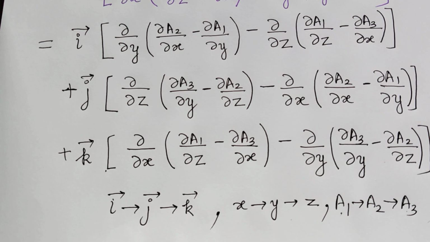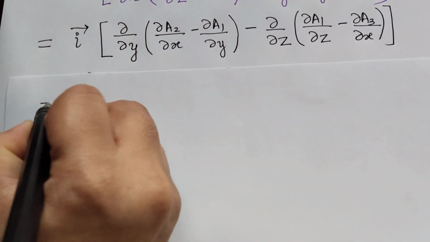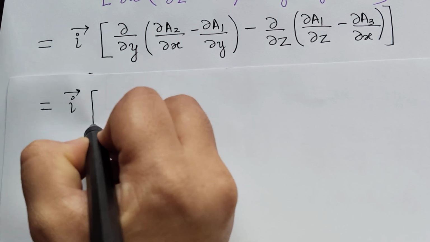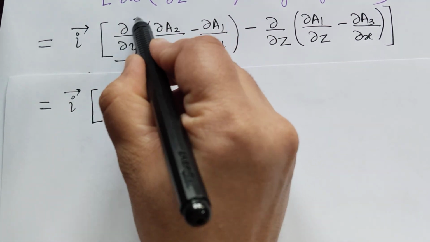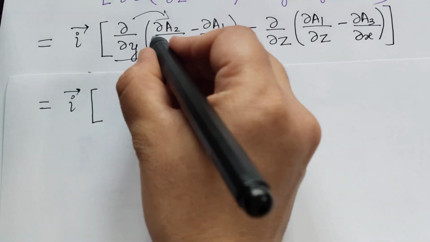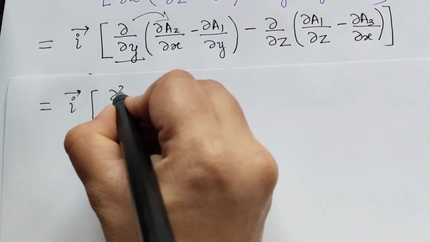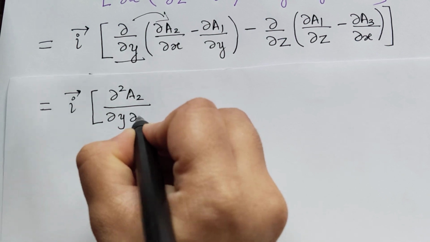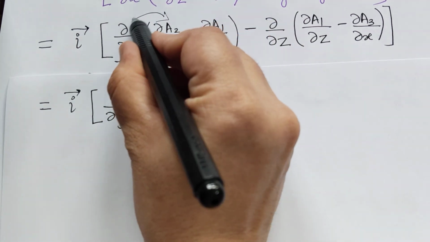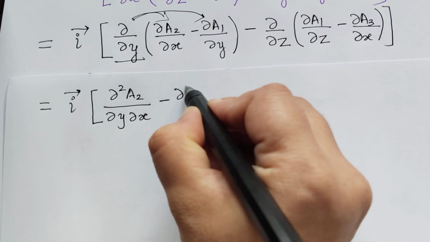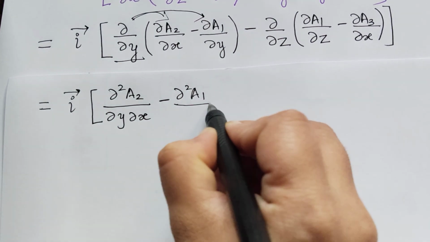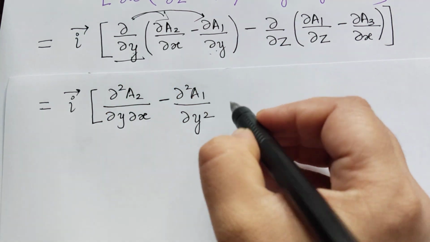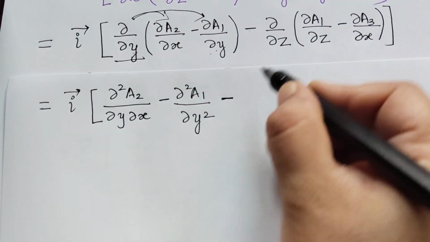So what we get is, I will show for the first term, that is I vector multiplied with, so when you take this derivative inside, what do you get? Double derivative of a2, so dou square a2 by dou y and then dou x, minus next this and this, so dou square a1 by dou y square, because these two are same, and then this minus this and this.